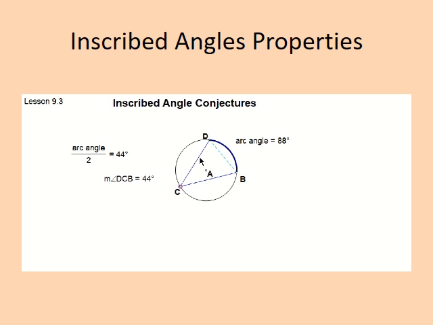As you can see, we have the intercepted arc and the inscribed angle, and the inscribed angle is 1/2 the arc angle. Now, if you move the inscribed angle around, you can see that neither the angle nor the arc changes measure.